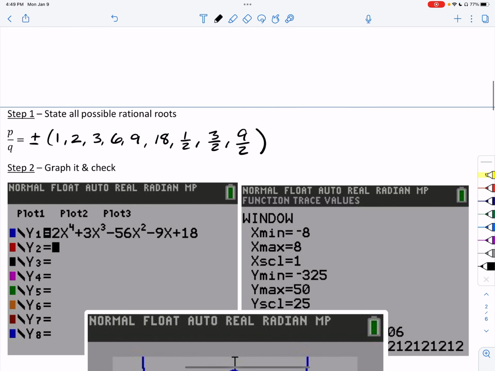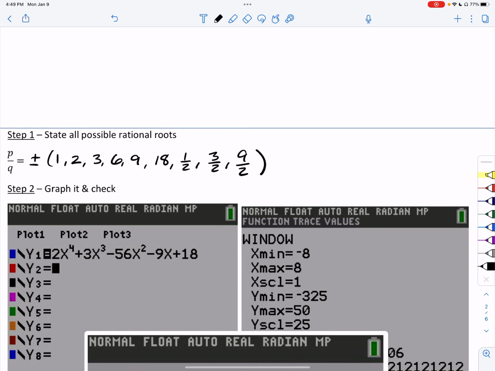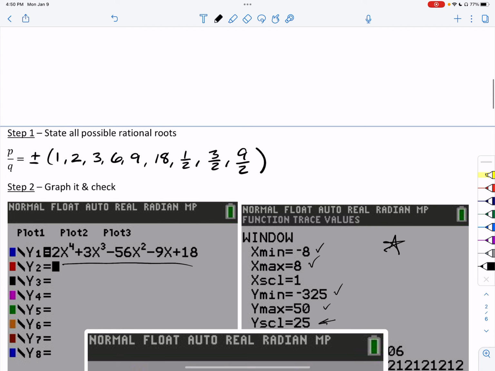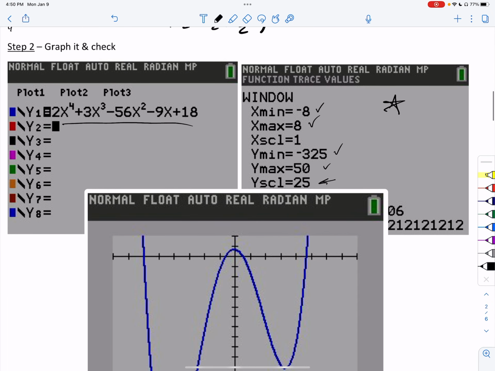All right, so enter that in your y equals and make sure everything looks good when you enter that. Now, with a little bit of window finding skill, I found that one of the better windows was -8 to +8 for your x-min and x-max, and then -325 for the y-min, the max of 50. I did change the scale so it wasn't so chunky on the y-axis. And I got a picture like this.